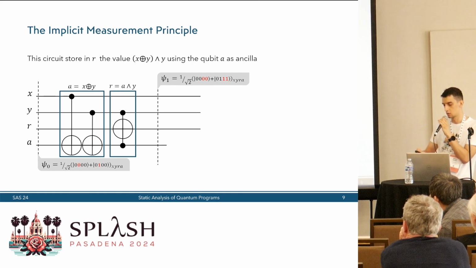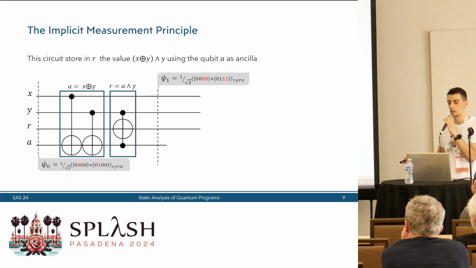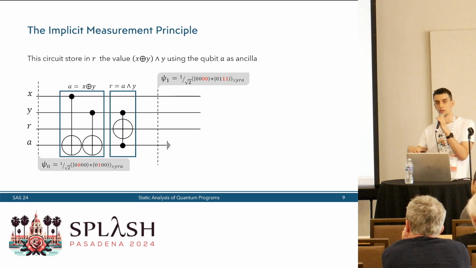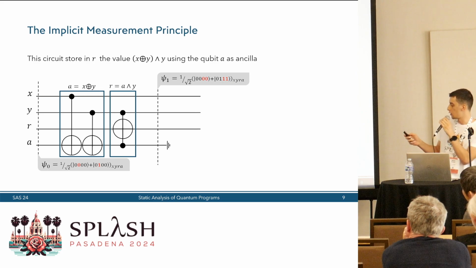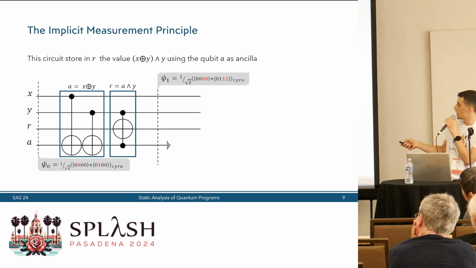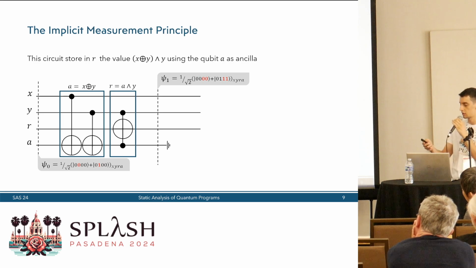So if you want to reason as in classical computing, we can drop it. But due to the implicit measurement principle, dropping a wire implies making a measurement. So if we measure the state of A that is in superposition, we can have different results according to some probability.